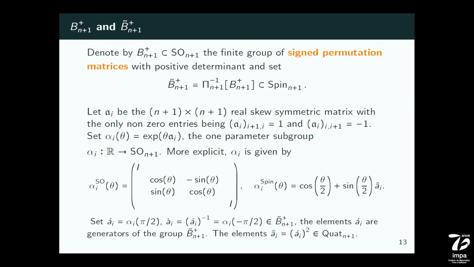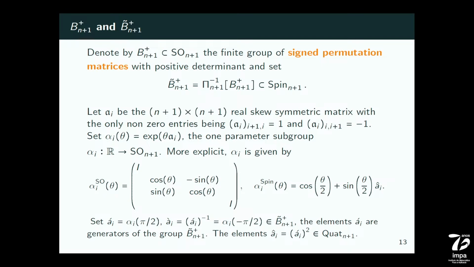Like this, instead of doing the computation with the matrix lambda, now we'll do the computation with the matrix that we call here alpha when we are doing the computations in the orthogonal group. Here I am in the row i+1 and column i+1. And here is the alpha when you do the computation in the spin group, and we use this hat to remember that we are in the spin group.